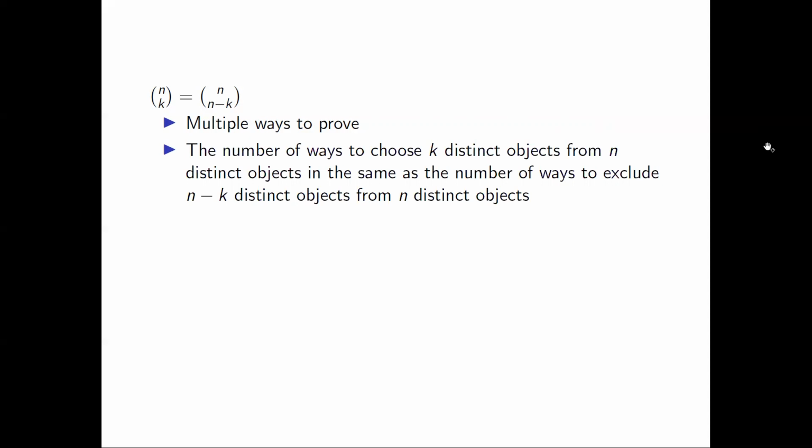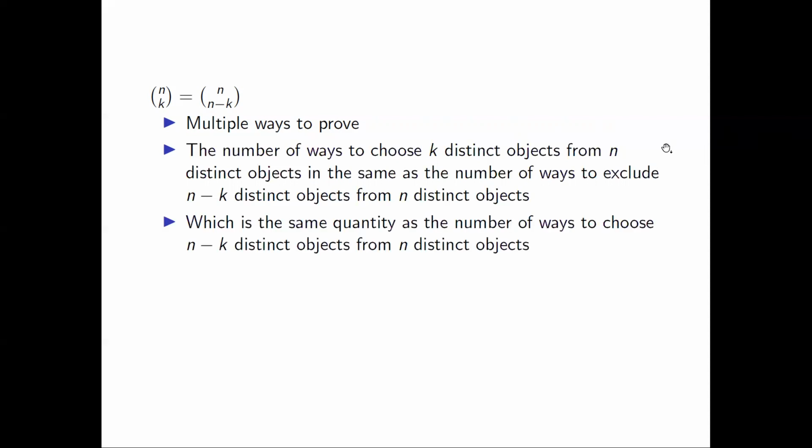There's no repetition. And this is the exact same as the number of ways to exclude n minus k distinct objects from n distinct objects. So if we choose k distinct objects from n distinct objects, this is the same thing as excluding n minus k distinct objects from n distinct objects. The n minus k excluded objects being the ones that we didn't choose.